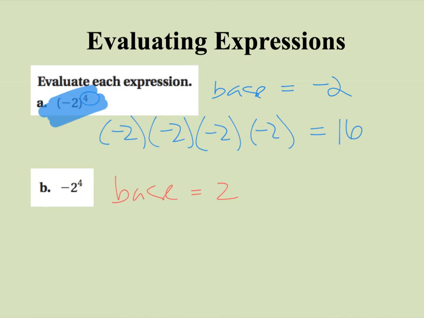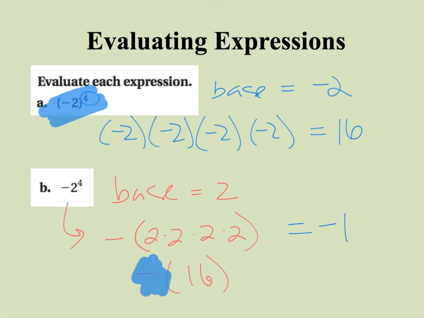So our base here is a +2, which essentially, if I want to rewrite this power in expanded form, I'm going to have negative times 2 times 2 times 2 times 2, which means I'm taking the base of 2, multiplying it by itself 4 whole times to give me the answer of a +16, but because there is a -1 on the outside of our parentheses, we have to apply that to our +16. So our final answer here becomes a -16.